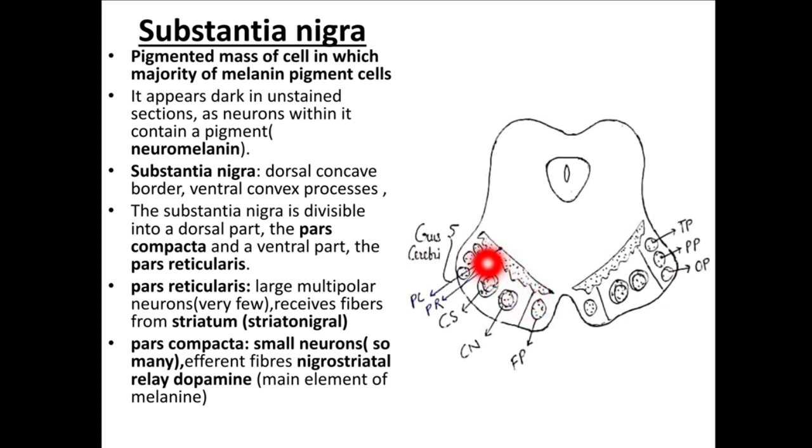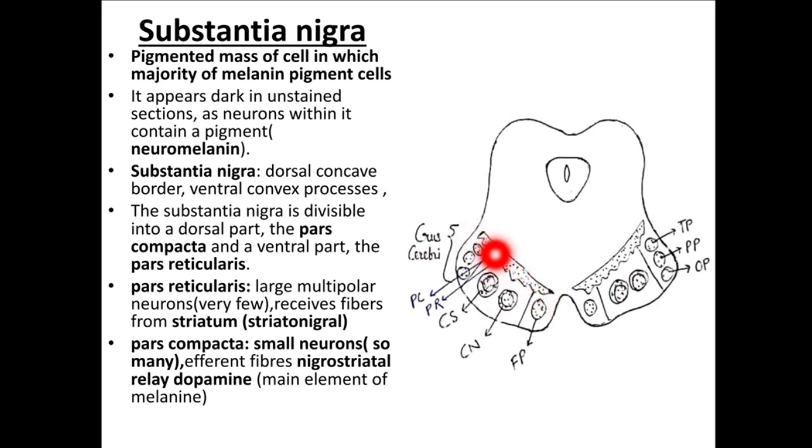These neurons receive fibers from the striatum, basal ganglion, and these fibers are called striatonigral fibers, from striatum to nigra. Striatonigral fibers are in pars reticularis, and in pars compacta there are small neurons, so many in number.